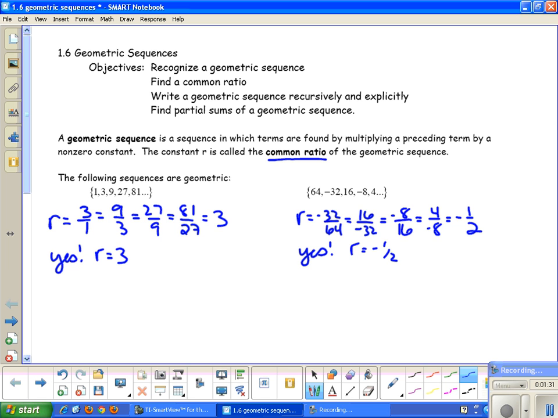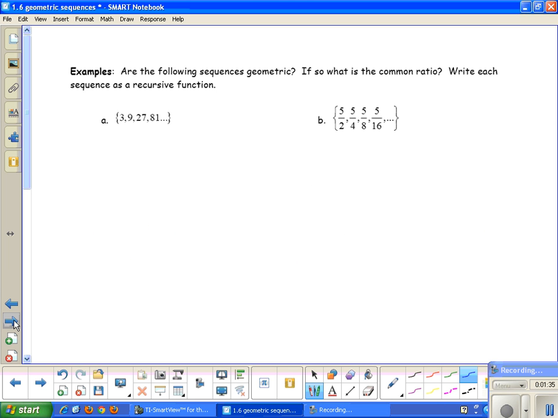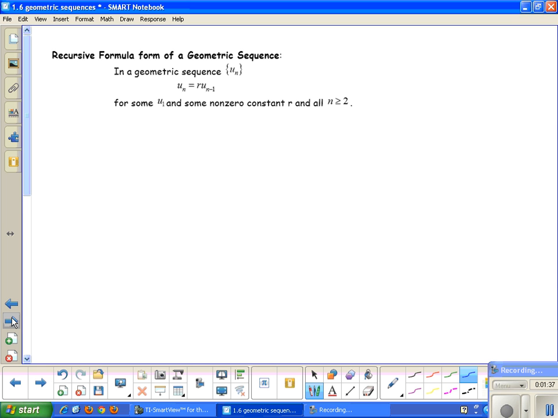So let's go ahead and go down a little bit and look at the formulas that we have. A recursive formula for a geometric sequence is what we're going to look at next. So for the recursive formula, just like arithmetic sequences, in order to write a recursive formula, you have your two different parts.